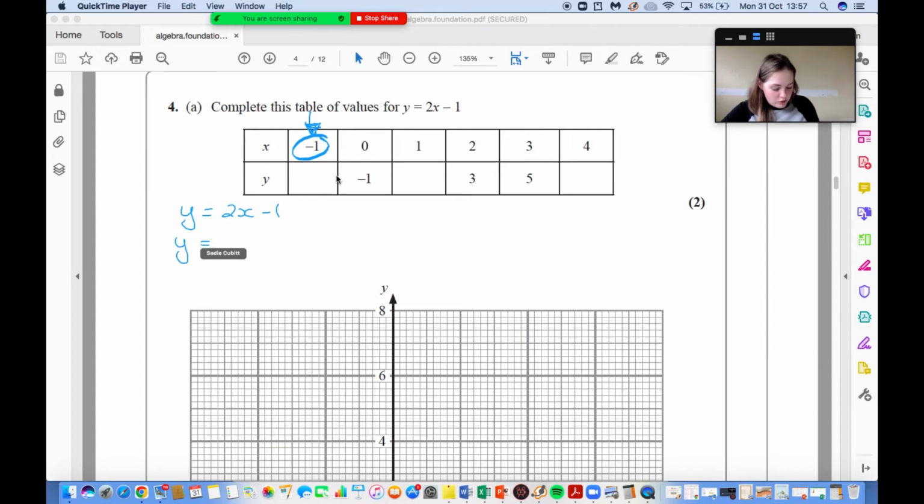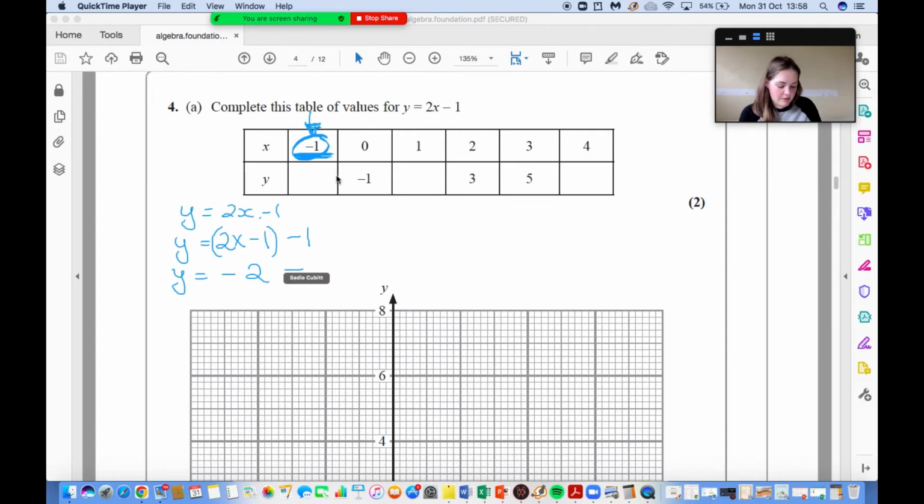So y equals 2x, which is 2 times minus 1. I'm going to put that in brackets because we have to do that first. And then there's a minus 1 on the end. Okay, so you see we've got minus 1 here and a minus 1 just there. So we don't want to forget one of those. Now then, so that means that 2 times minus 1, that's 2 lots of minus 1, is minus 2.